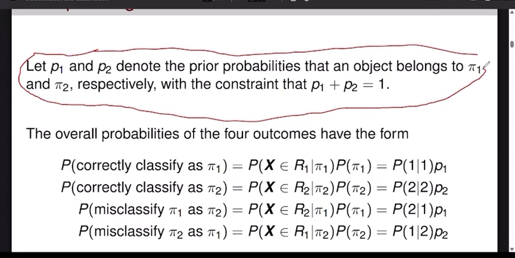What is the percentage of the number of times that customers default in our bank? In that regard, I'm not referring to the predictor. I'm not referring to your income. I'm not referring to the percentage of time the customer did not default. That is what P1 and P2 represent.